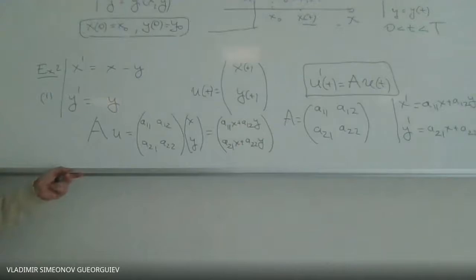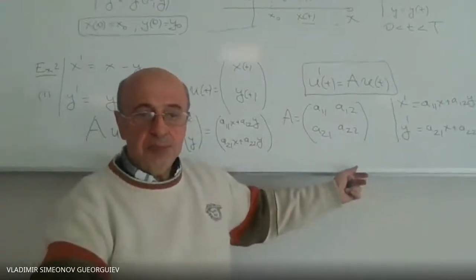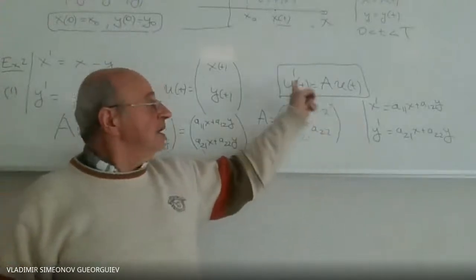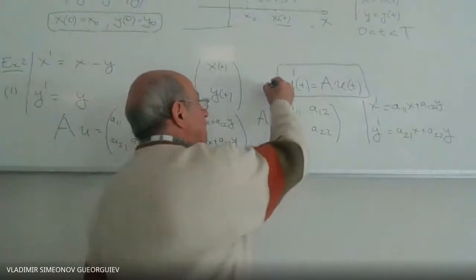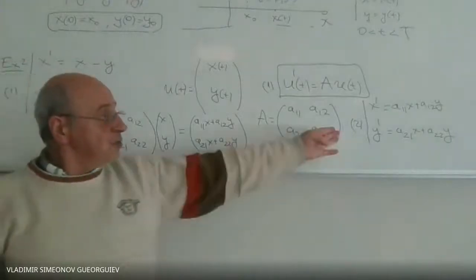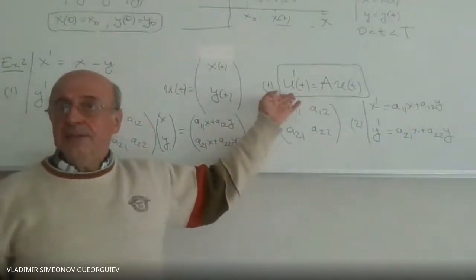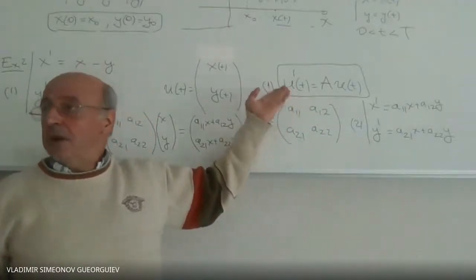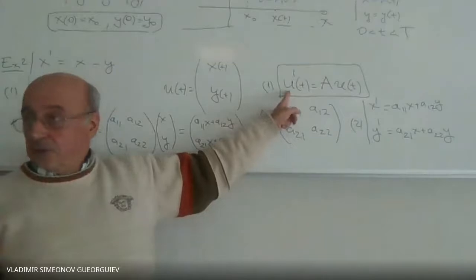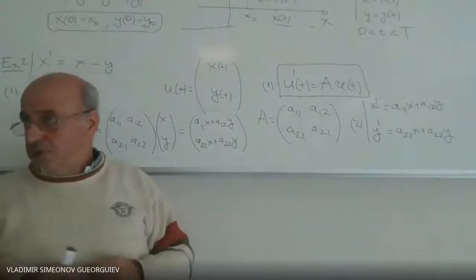What have we done? You can compare this system and this. Let us call this 1 and this 2. I am asserting that when you have such a system with two lines, this is the same system 1, but you rewrite it in vector-matrix form: the derivative of a vector is a matrix applied to the vector u.